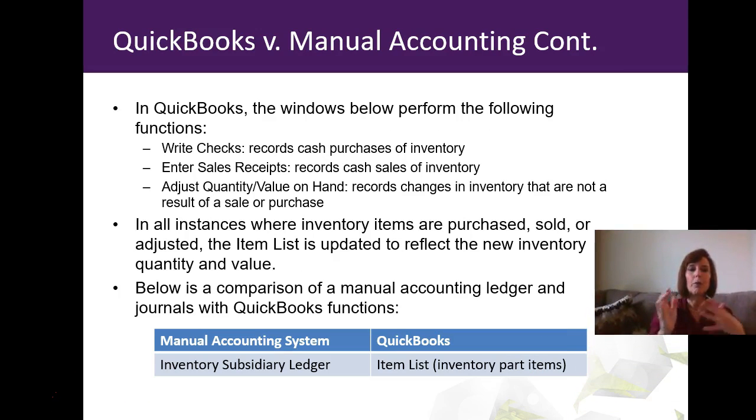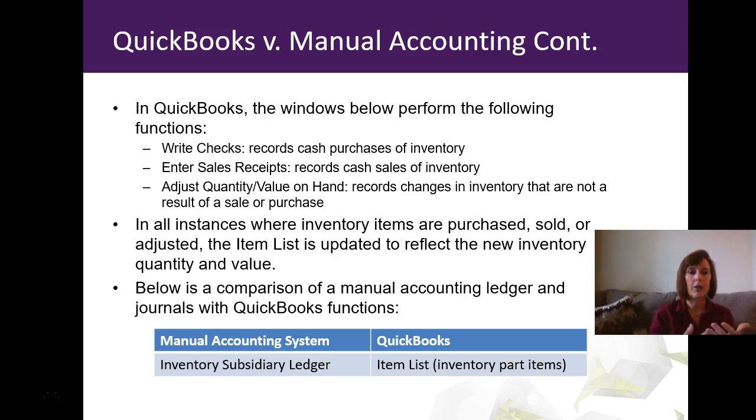So when we look at a comparison between a manual accounting system and QuickBooks, in QuickBooks, when we write a check to purchase inventory, it will automatically update that inventory information. And we can also manually go in and adjust quantities if for some reason we have some defective inventory and we want to not have those included in our count.